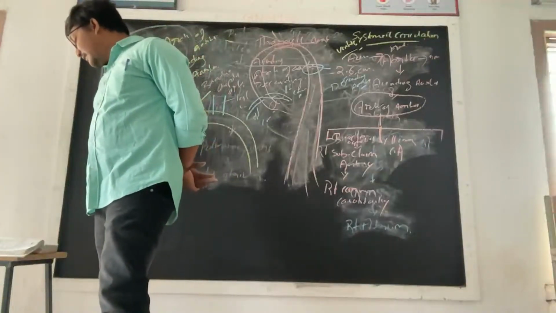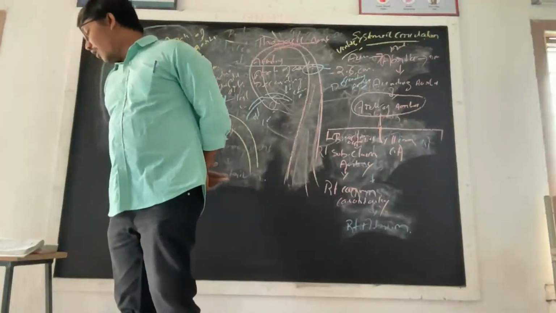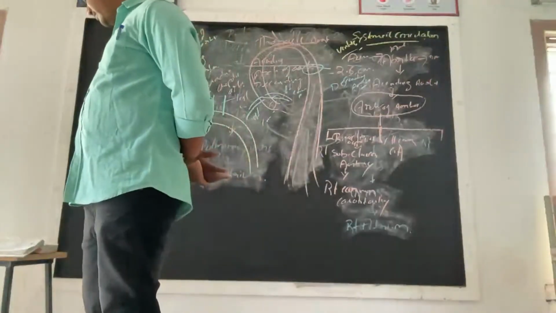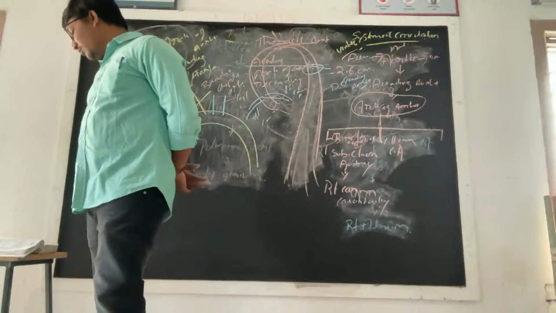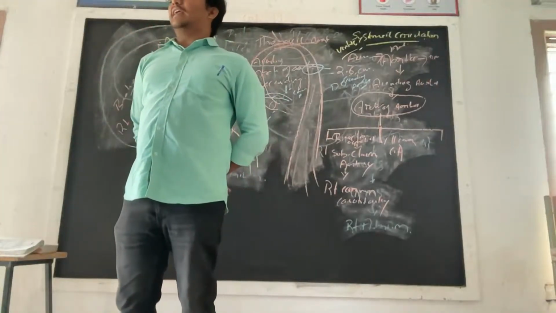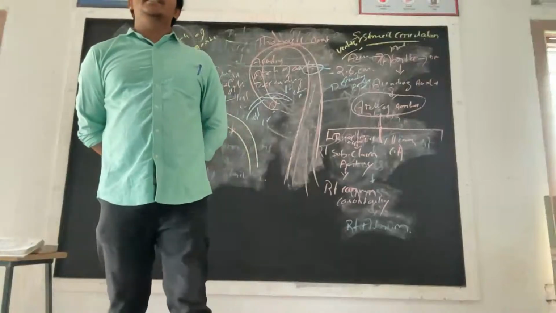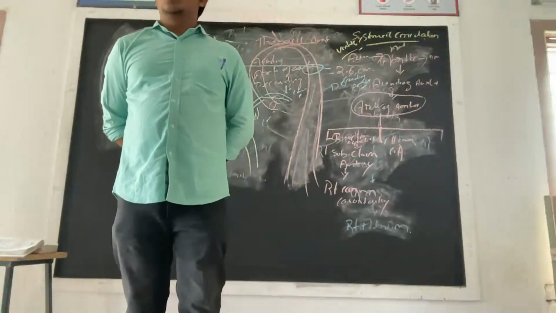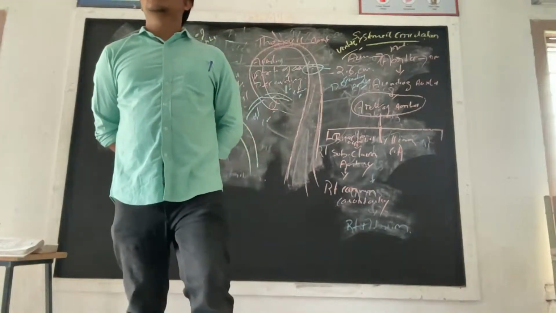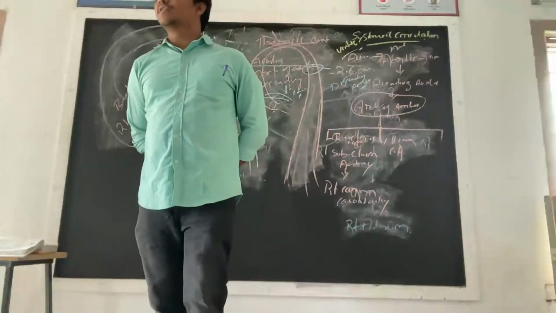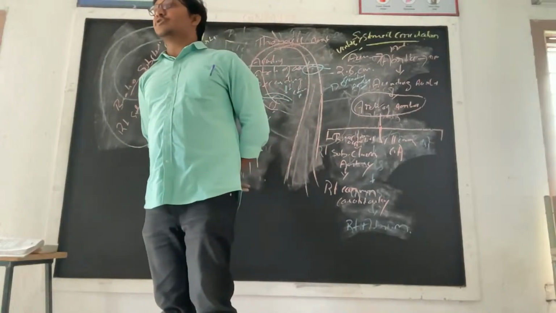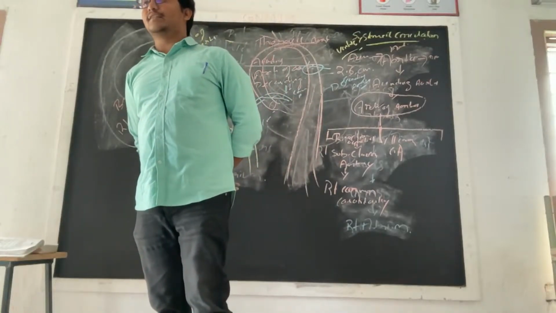Within the abdomen, the descending aorta divides into the common iliac arteries. How many iliac regions are there, single or two? One is right and one is left. Common means both arteries are not yet divided.